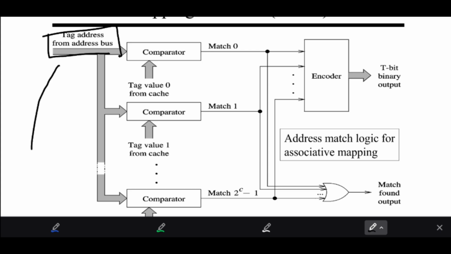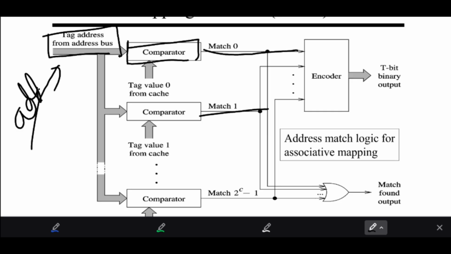The CPU sends an address through the address bus, and the address is compared to the tags. If it matches, match 0, match 1, up to match 2^c minus 1, the comparator checks whether the address matched or not. If it matched, the data is sent to the CPU.